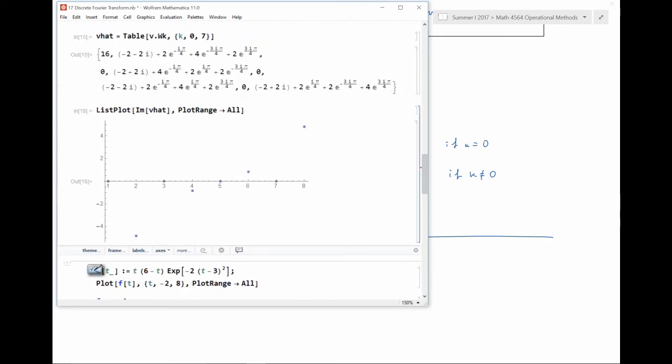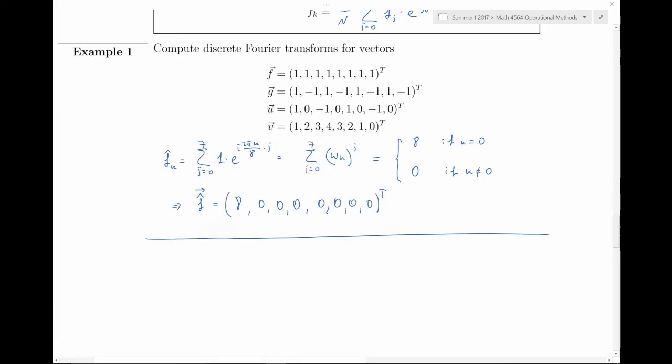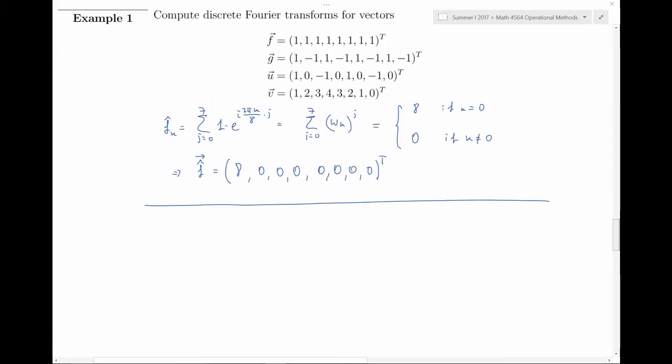So the last thing I want to do is show that all of those transforms are actually invertible, and we get our signal restored when we apply the inverse Fourier transform. For my example f, there's only one non-zero component, and so f_k should be the summation as j goes from 0 to 7 of f hat_j multiplied by e to the positive 2 pi i k j over 8.